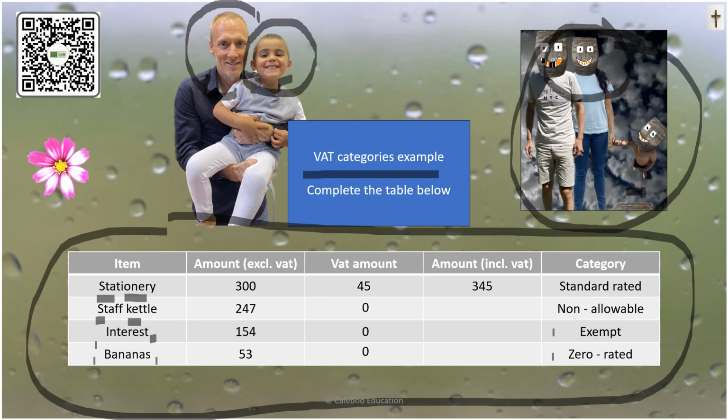So 15% of 300 is 45. I'm not going to show you the calculation. I've done enough of those. 300 plus 45 is equal to 345. So the point of this slide is, remember, for non-allowable, exempt and zero rated items, there is no VAT amount.